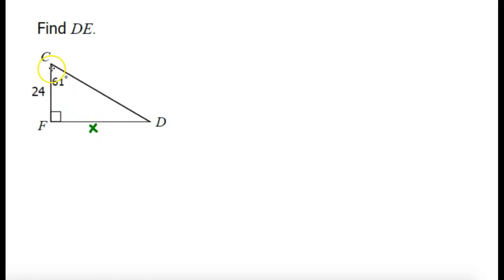So with respect to this angle, let's label the sides. So this would be opposite, because it's not touching that angle. This would be adjacent. So the trig function I'm going to use is tangent. So we'll say the tangent of the angle of 61 degrees equals x over 24. So in this one, we're solving for a side.